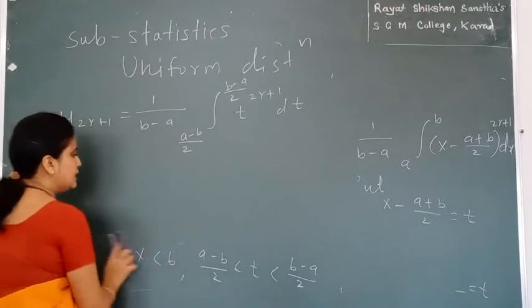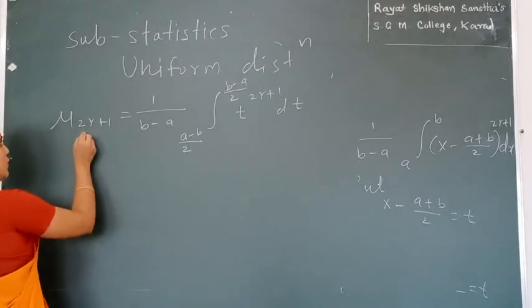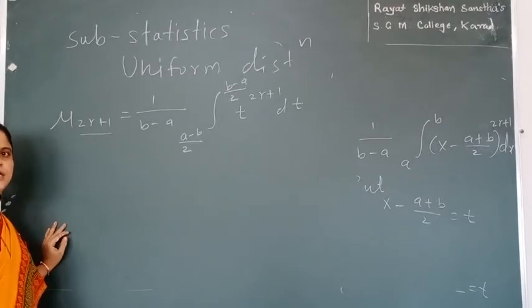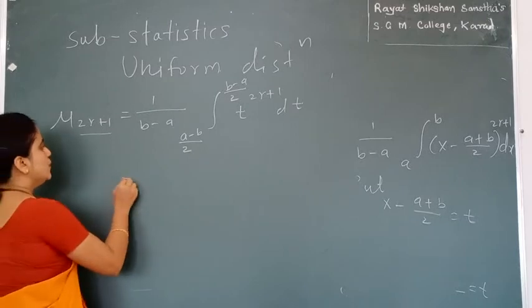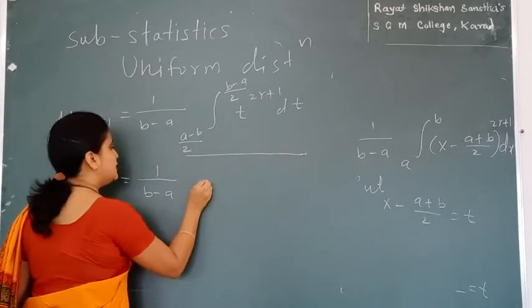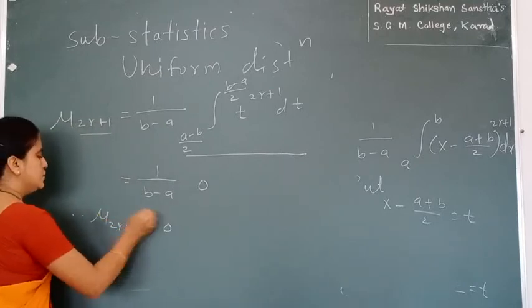We can solve this integral. Since it is an odd function of t, the value of the integral is 0. Hence mu 2r plus 1 is equal to 0.